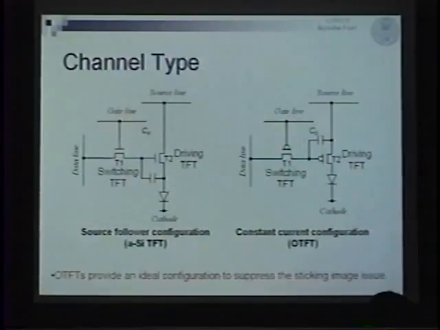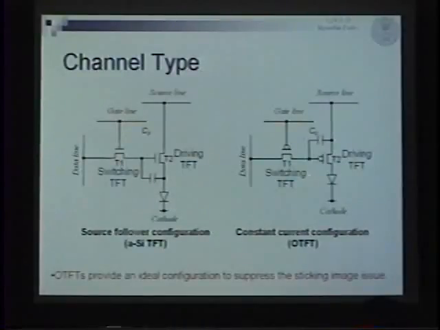This configuration is called the source follower configuration. So if the voltage across the OLED is changed, the gate voltage also changes because this is the source and gate. It means if the OLED characteristics change, the luminance also changes. It results in a sticking image.